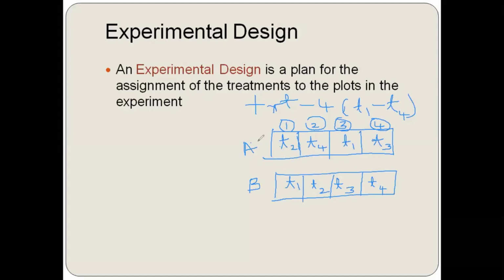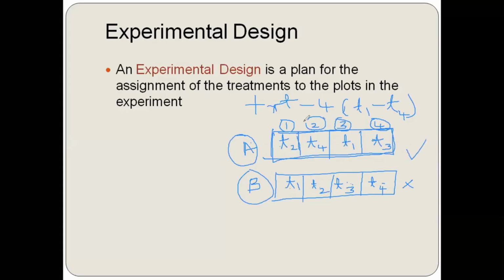A. Yes, in A. Why? Because if you look at B, we have all 4 treatments from T1 up to T4 simply allocated on a sequential basis to all the experimental units one after the other. So this is not a good way to do the randomization. This is a good way to do the randomization.